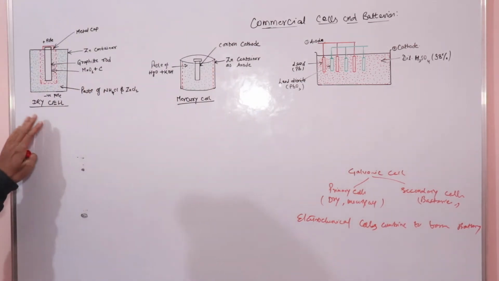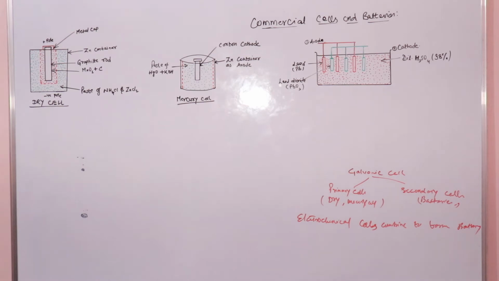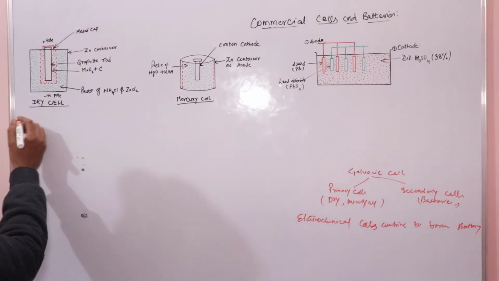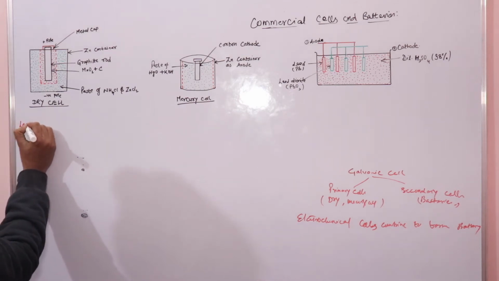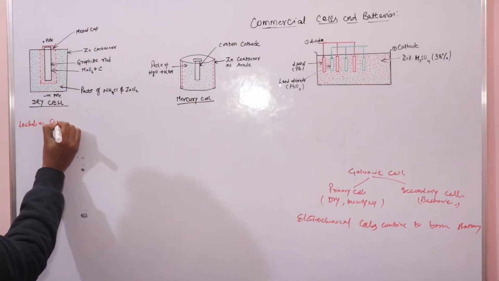Now let's introduce the first cell, which is your dry cell. We also call it a form of Leclanche cell.